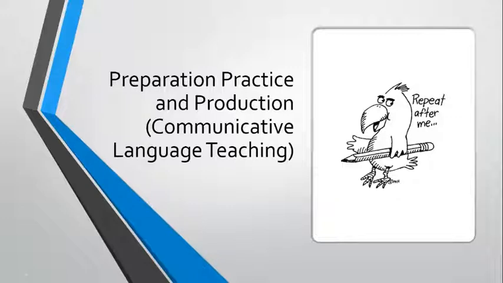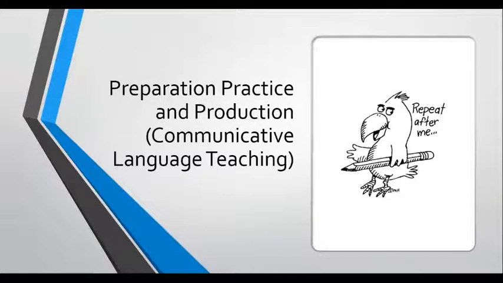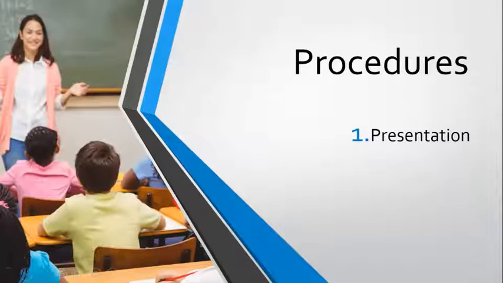Then we have the other one, which is about presentation, practice, and production. That is the PPP. It is communicative language teaching. Okay, in this case, first of all, we have some procedures for the PPP. The first one is the presentation.